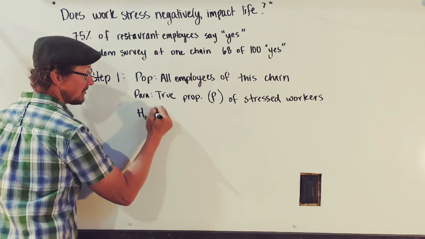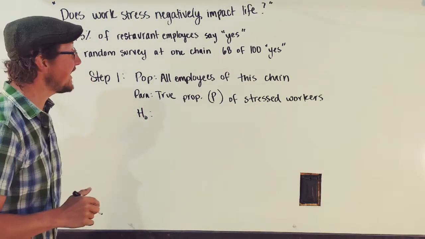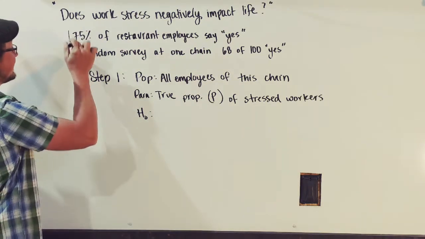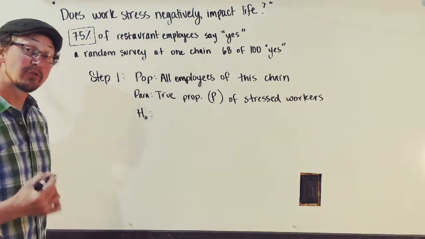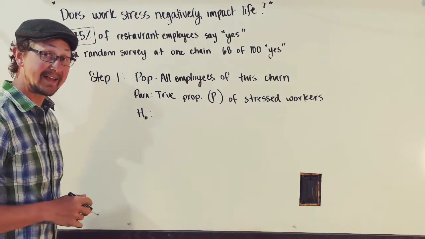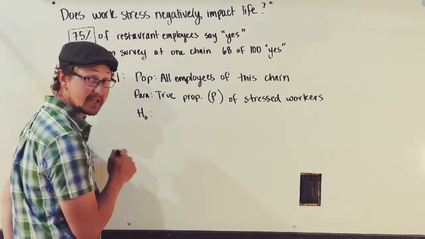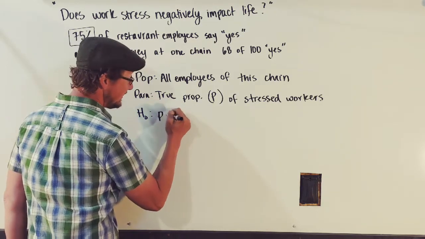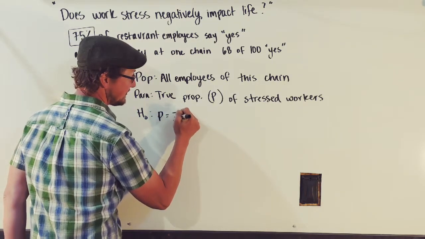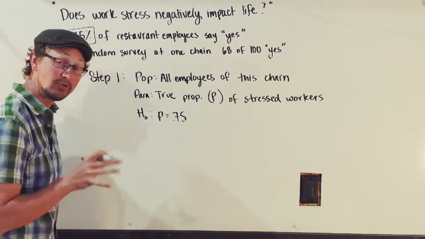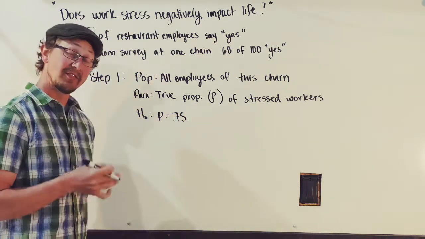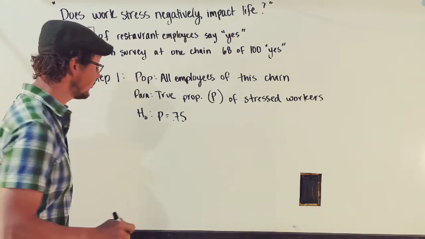Our null hypothesis is that there is no change, so we are going to take this 75% from our prompt and use that in our null hypothesis. And again, we're talking about proportions, so I'm saying P is equal to 0.75. There's no change, no difference between this chain and the rest of the nation.